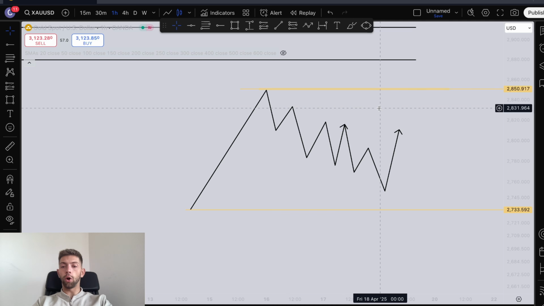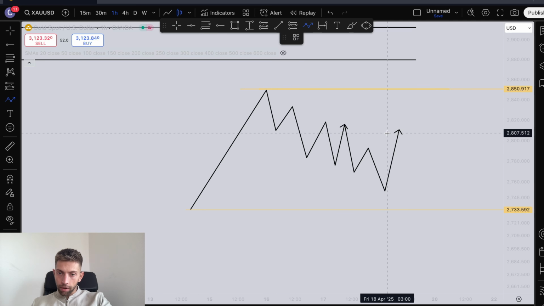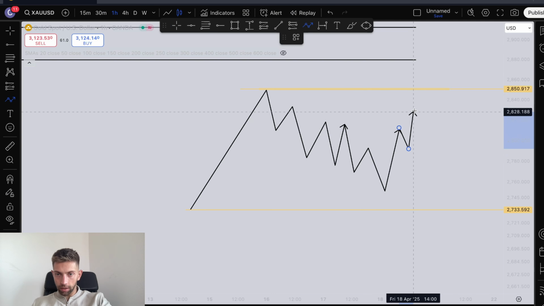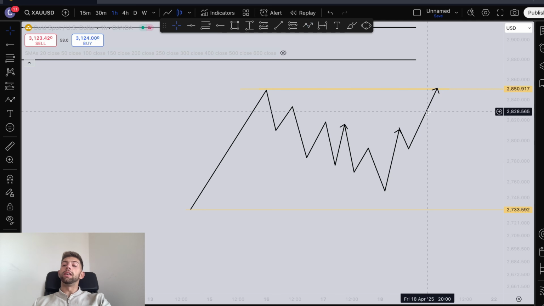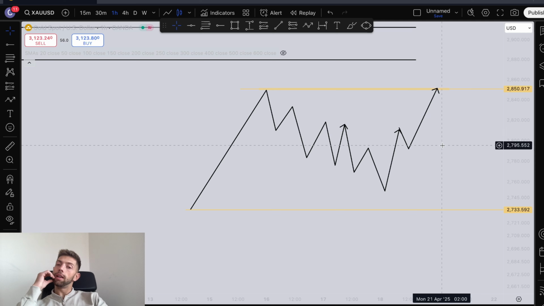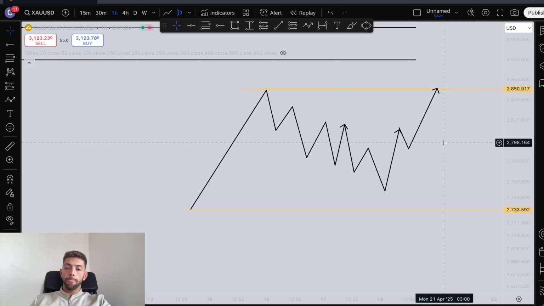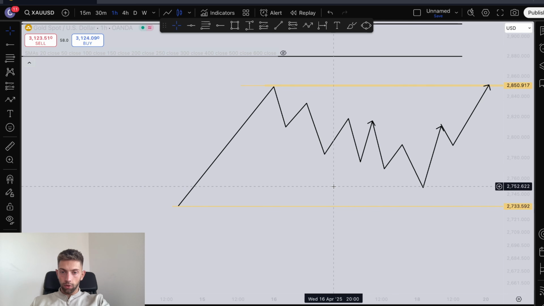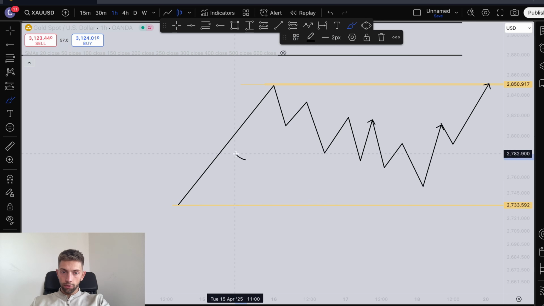I'm using this method all the time. The probability of price doing something like this, retesting this previous structure point and then going to the high, is huge at that point. So I trade only like this, and at this point, let's call this push the H4 time frame.